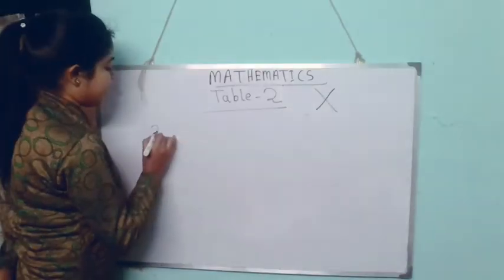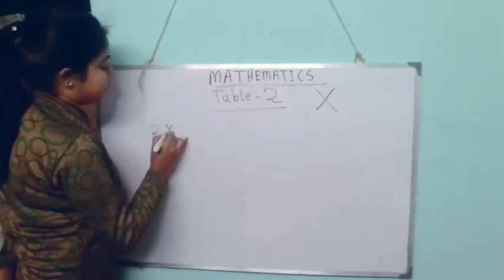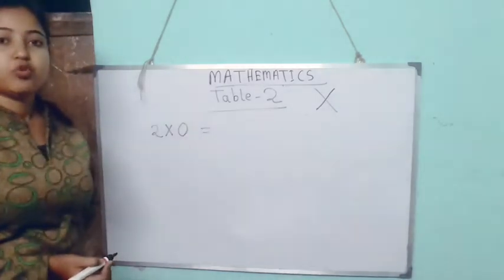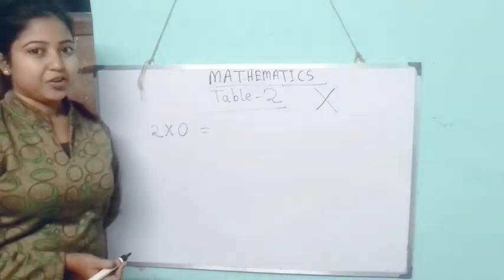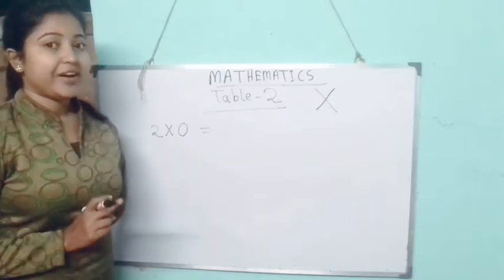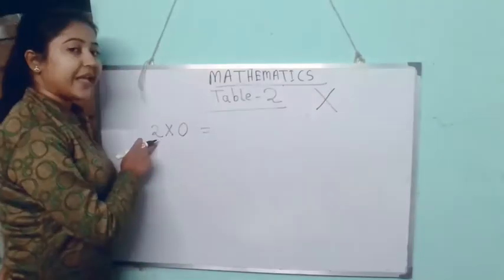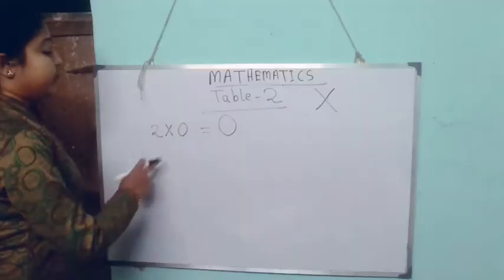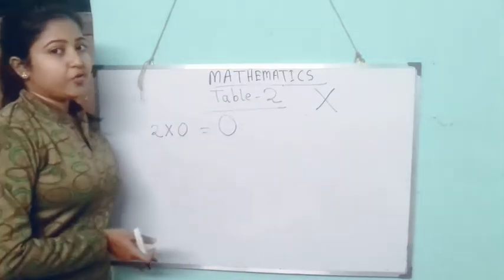So first we will write 2 multiplied with 0. So what will be the answer? I told you before that whenever we multiply 0 with any number, we will get a big 0. If we multiply any number with 0, we will get 0.